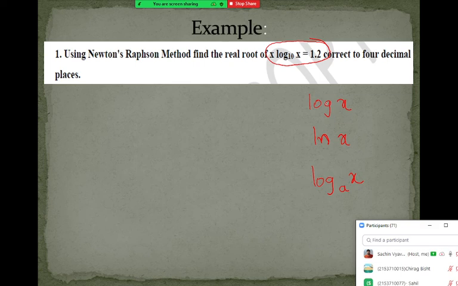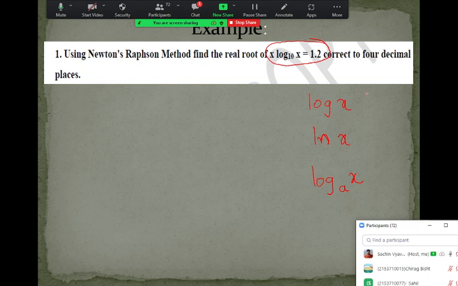So this is a general thing. Remember, whenever log x is written, generally it is assumed that the base is 10. But in mathematics, there is a common habit now: whenever log x or ln x is written, both are considered as natural log only. So remember, log x and ln x are the same. Whenever the examiner wants to specify the base, it is given like this, log x at the base 10.